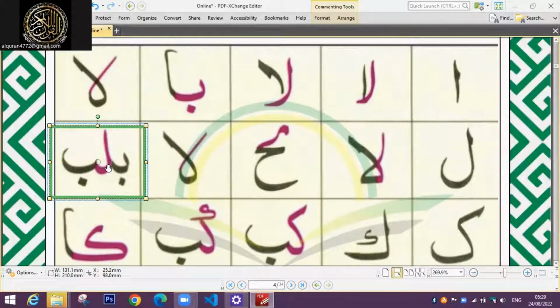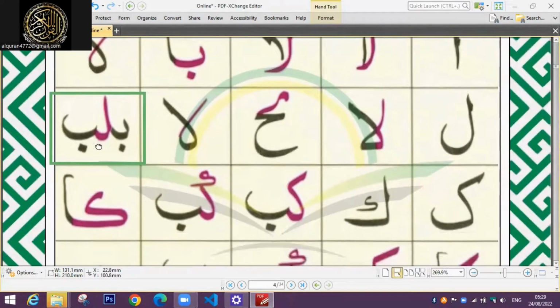But remember, alif can't join with the next letter. Because here this letter is joined with ba, that's why we read it lam. Alif cannot join with the next letter. Alif always joins before a letter. So if a straight line joins with the next letter, that one is a lam, not alif.